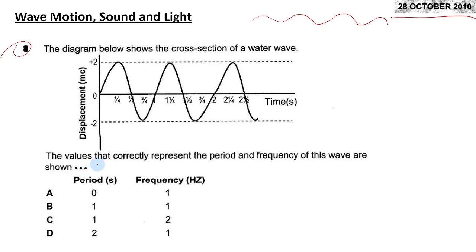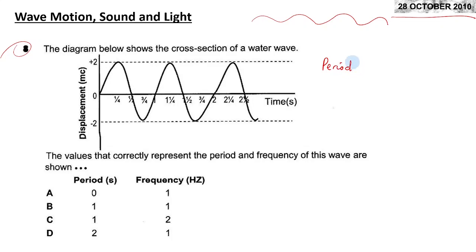Okay, so where is the question now? The values that correctly represent the period and frequency of this wave are shown. Okay, so this is the question, I think. So you need to know what the period is on a wave.